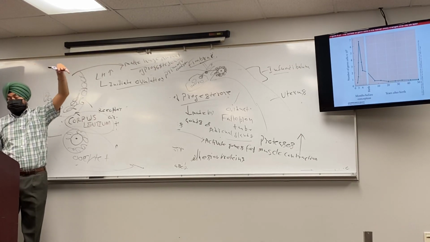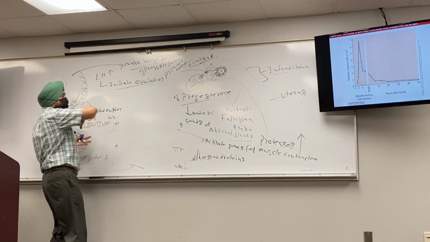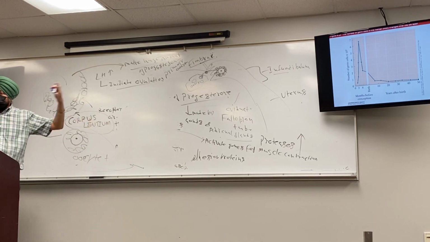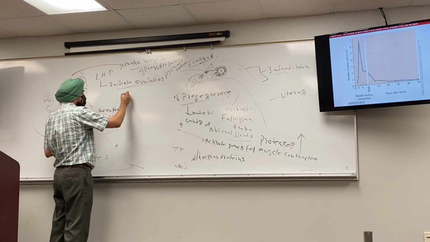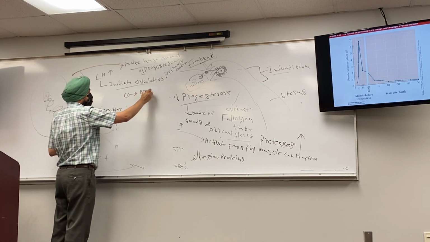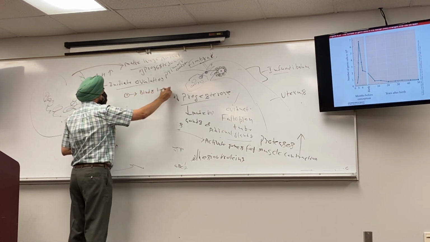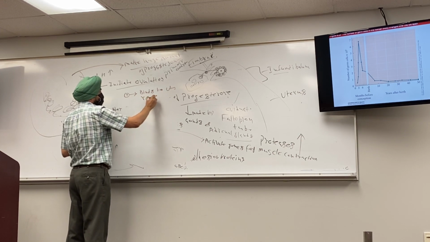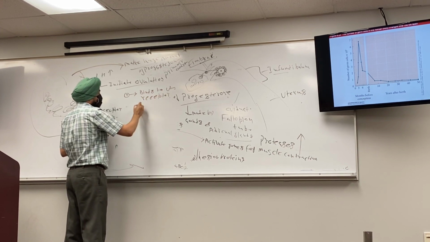What does progesterone do? So that progesterone is made, and it does two things. Number one, it binds to its receptors in the uterus.